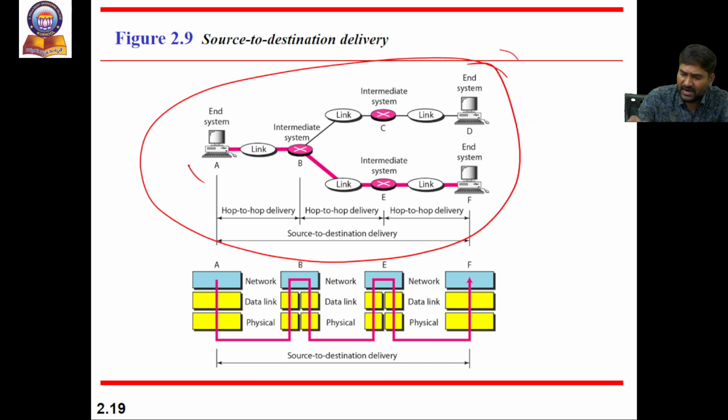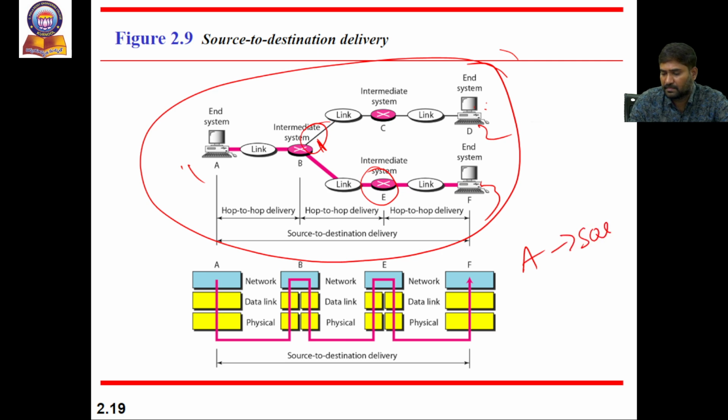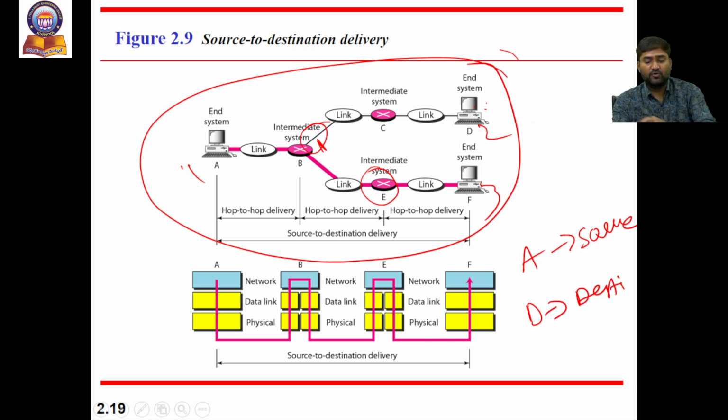There are 1, 2, 3 systems, multiple switches, and multiple transmission mediums. These are all the transmission mediums, these pink colored ones are the switches, and these are all the systems. So I want to communicate from A to D. A is the source and D is the destination.